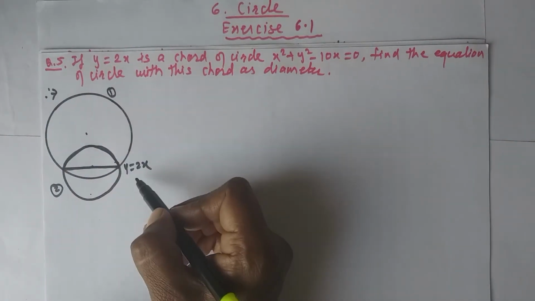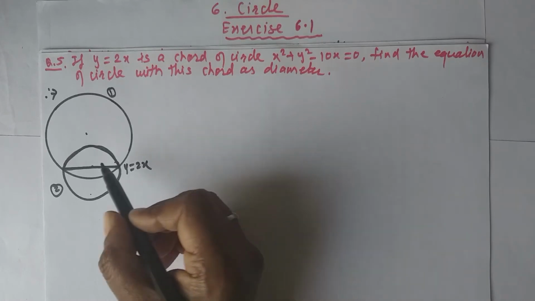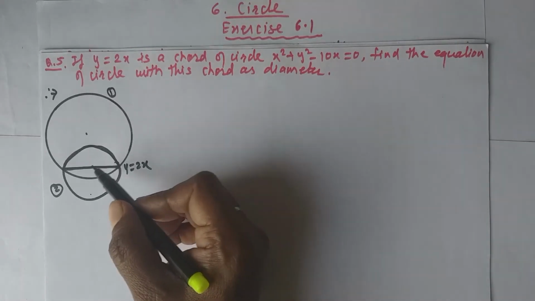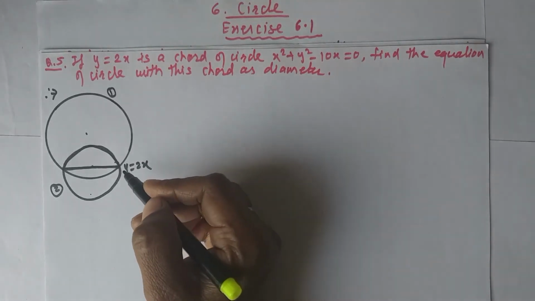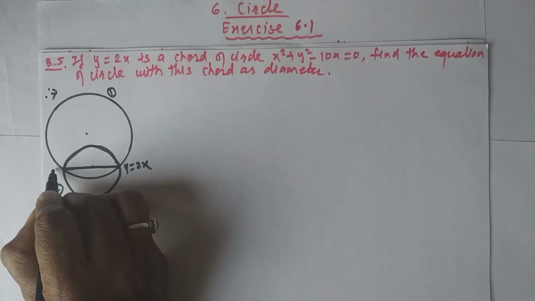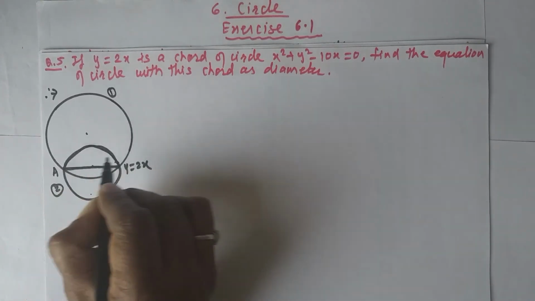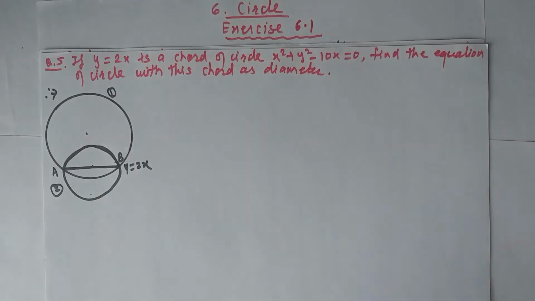Okay. Now this chord y is equal to 2x cuts the big circle at 2 points. Suppose this cuts the circle at 2 points A and B. And if we find the coordinates of these 2 points, then I will get the end points of the diameter of the small circle and I will be able to find the equation of the circle using the diameter form.